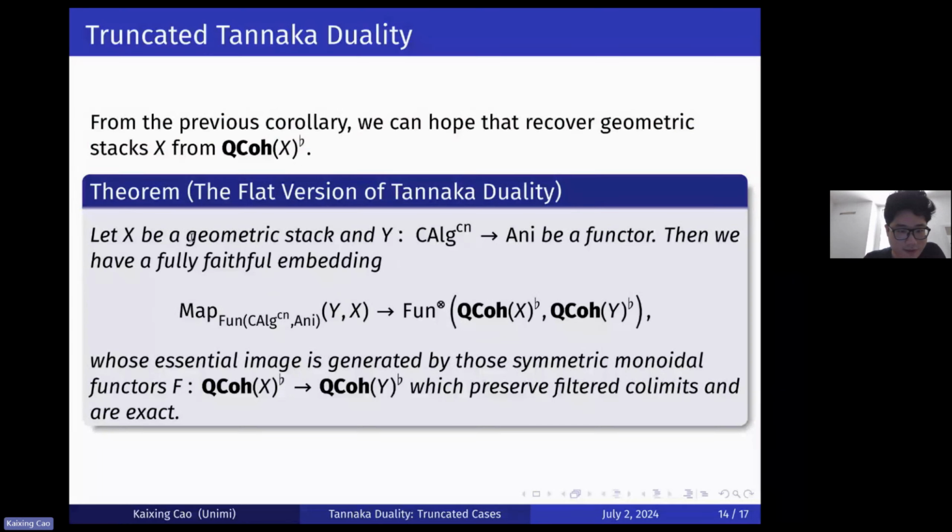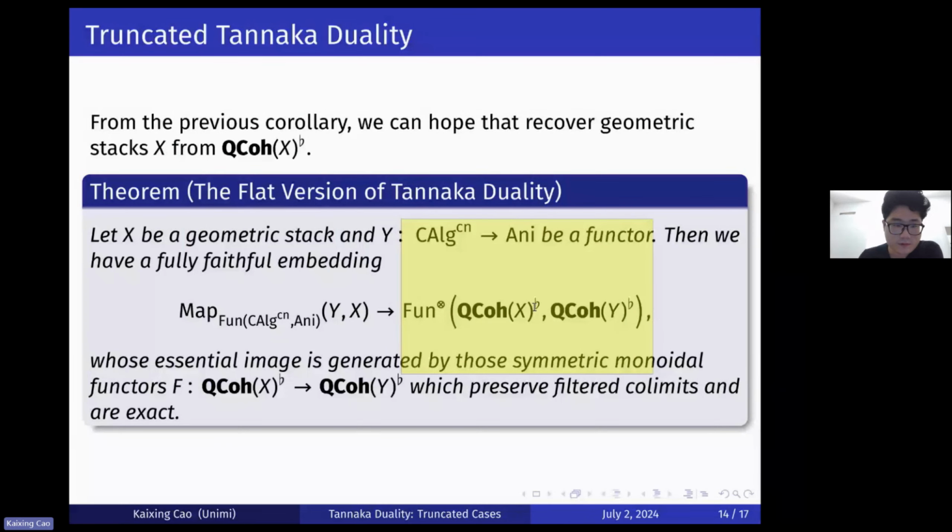We can prove it more generally, like we don't need Y to be affine, it's an arbitrary functor, but we can reduce to the affine case by the density lemma. This flat version shows that if X is a geometric stack, then the Y point of X fully faithfully embeds into these functor categories between the flat objects of the quasi-coherent sheaves.